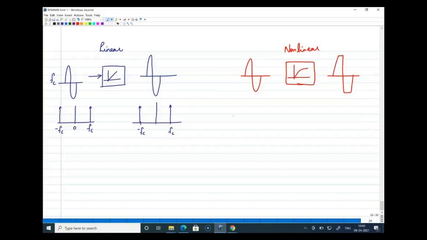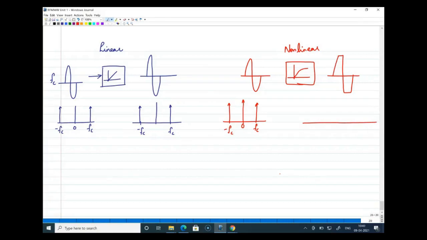Now in such a case, even though your input is a pure tone with frequency components at fc and minus fc, since your output is distorted, or not a pure cosine wave, you can expect a lot of frequency components at the output.